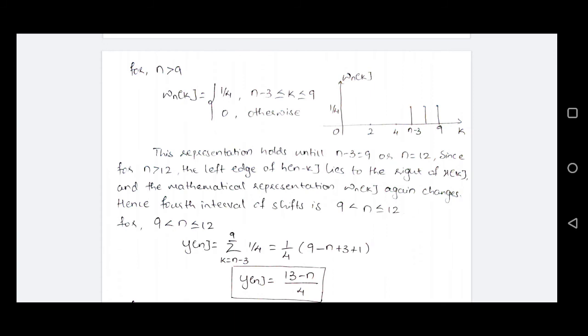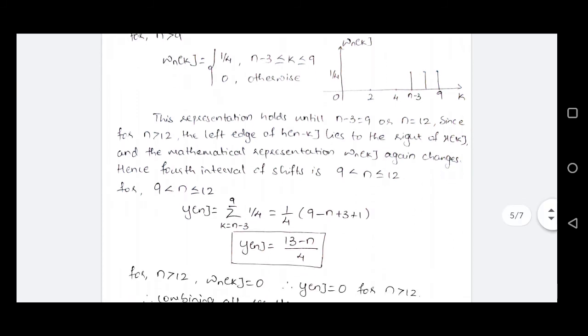So the mathematical representation for w n of k again changes, and the fourth interval of shift is for n greater than 9 but less than or equal to 12. For this interval, the output y of n will be summation k from n minus 3 to 9 of 1 by 4.